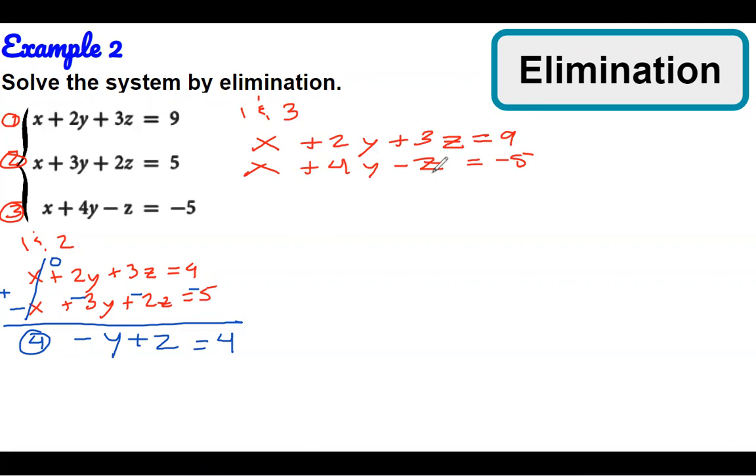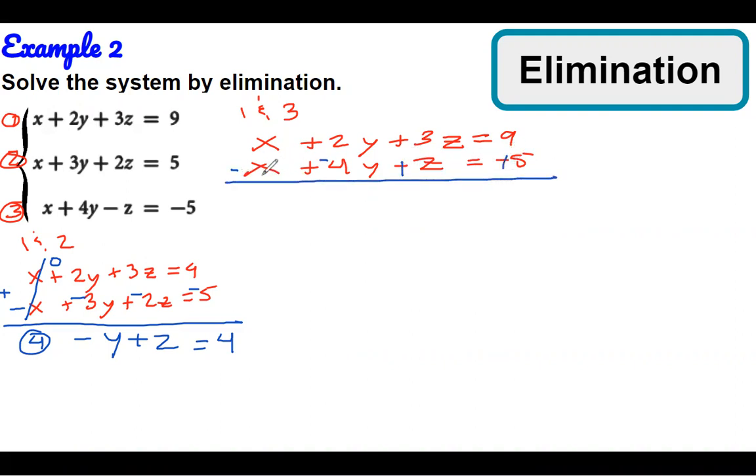In this case, since we eliminated X, guess what we have to do to the number 1 and 3? We have to eliminate X. X has to be eliminated. Okay, so in this case, how do we eliminate X? We have to multiply one of them by -1 in this particular situation. Some equations, you have to multiply them by a different value.